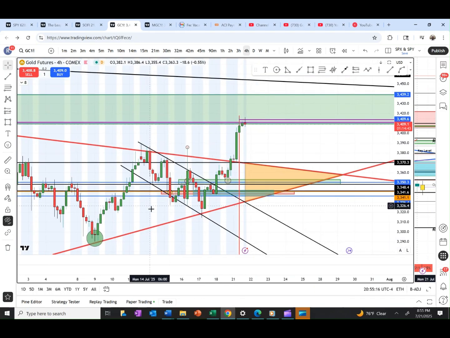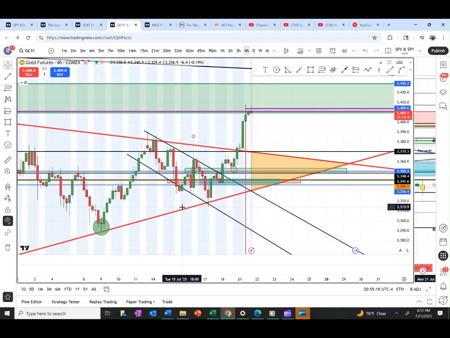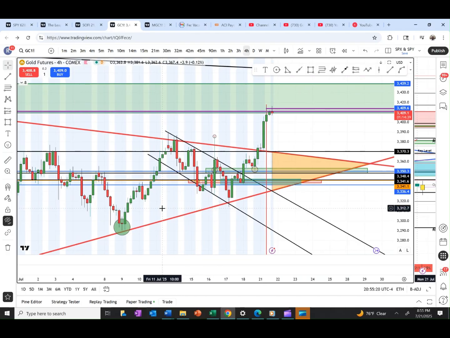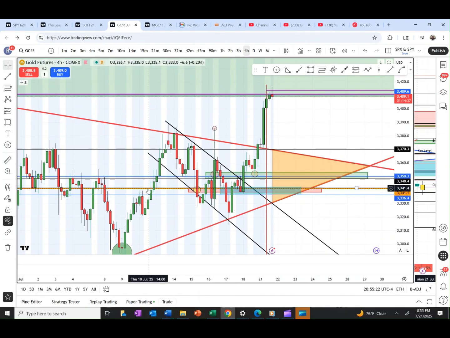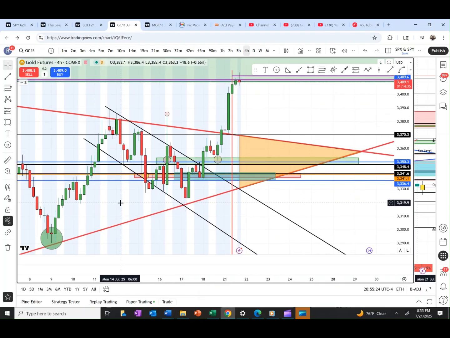So yeah, as I was saying, we came down into this channel, right? So basically what I suspect happened is, I feel like market makers or institutions, the entities with a lot of money, came into the market off of this candle, which was at 10.